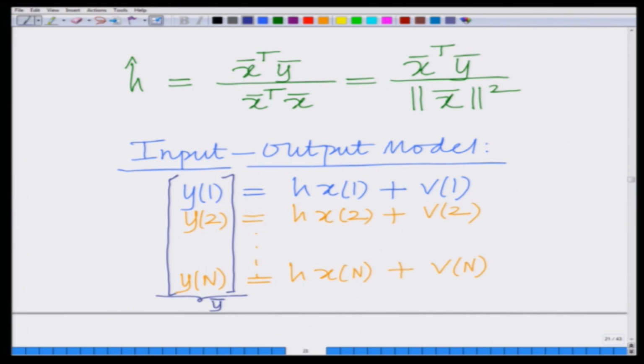Now vectorizing this to write it compactly, we have y bar equals h times x bar plus v bar.